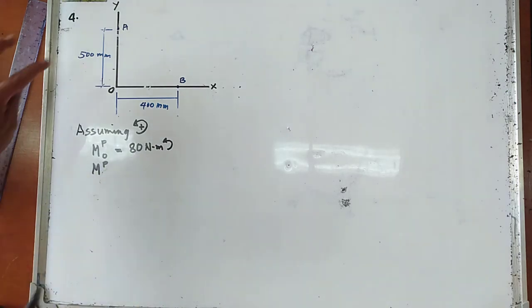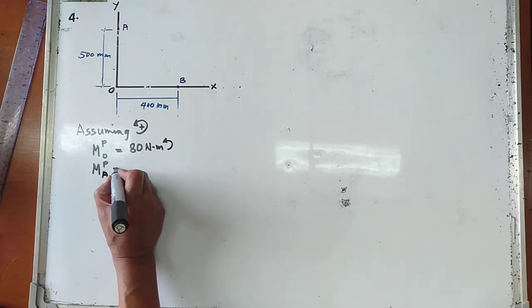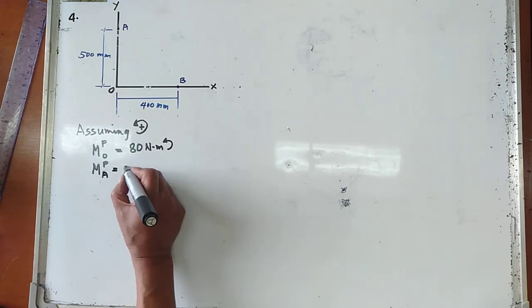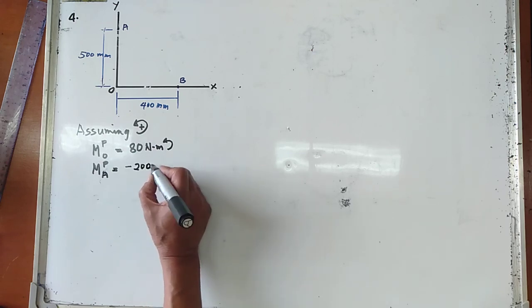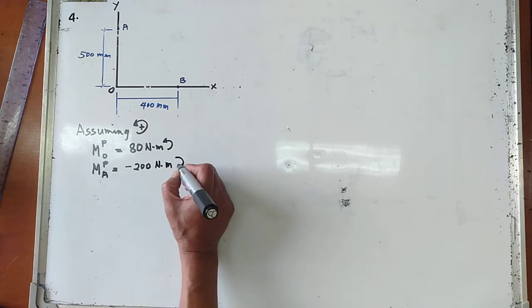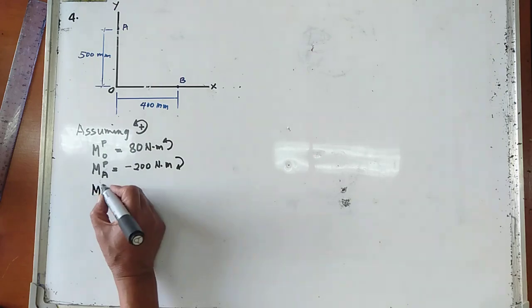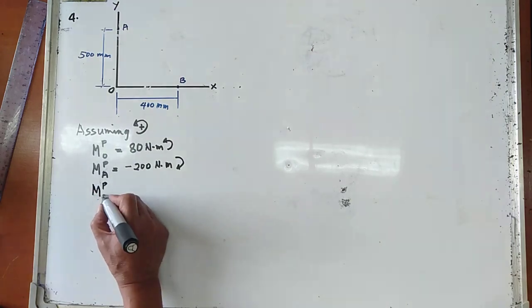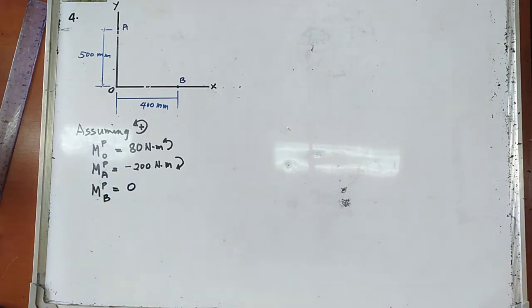The moment of the force P about point A is equal to negative 200 newton meters, so this is clockwise. And the moment of the force P about point B is equal to 0.